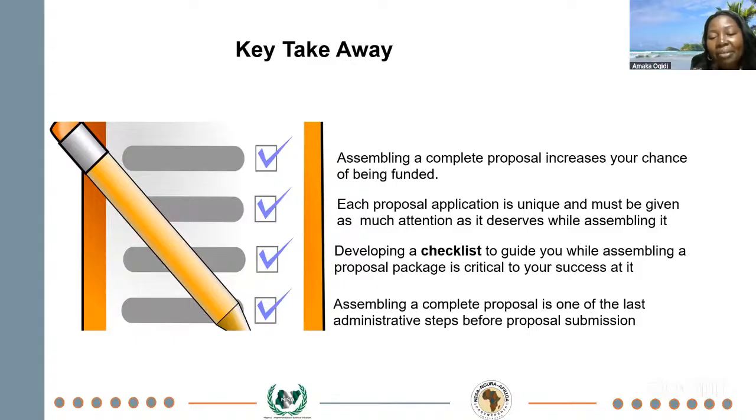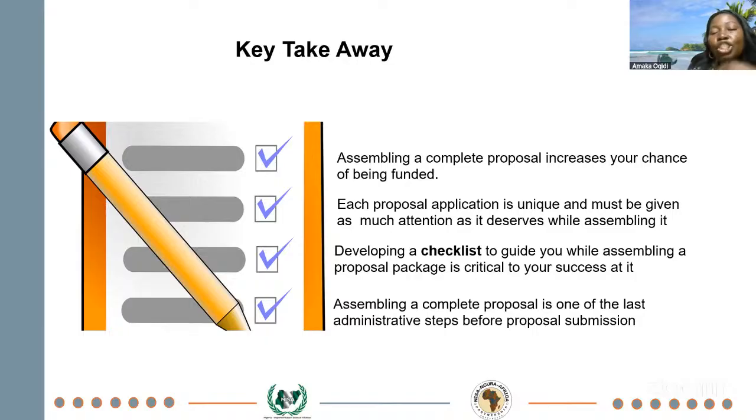And remember, developing a checklist, to me now, is like a must if you are willing to assemble something that is critical. So developing a checklist is critical to your success in assembling a complete proposal package.